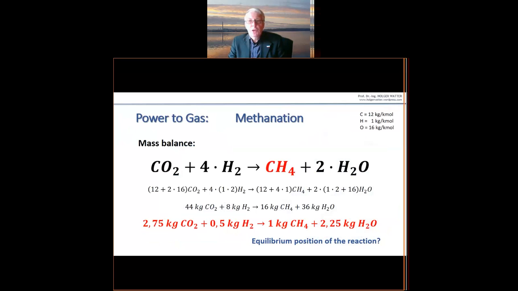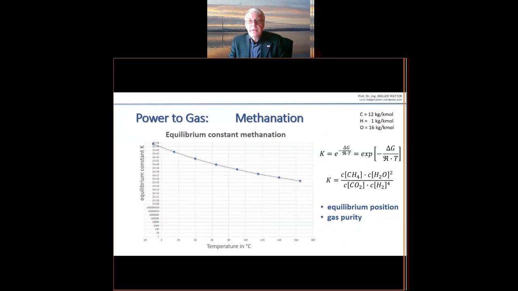The mass balance shows that per kilogram of methane, 2.7 kilograms of carbon dioxide and 0.5 kilograms of hydrogen are required. The gas purity is determined by the position of the equilibrium. In chemical processes, an equilibrium is established that is never on one side or the other.